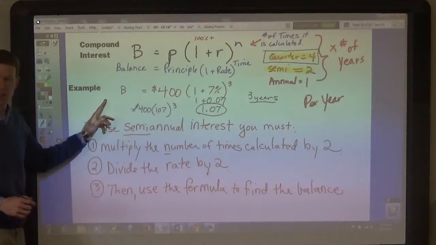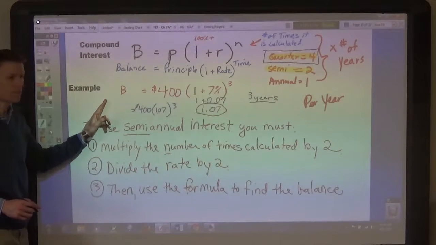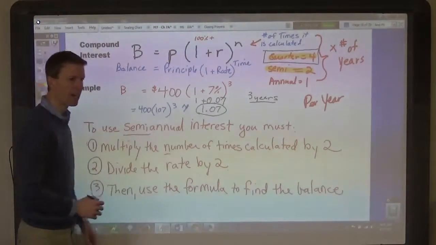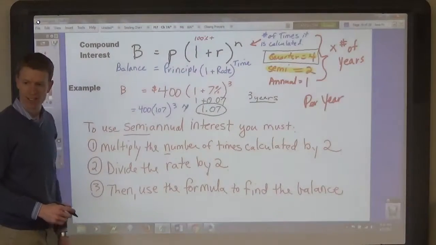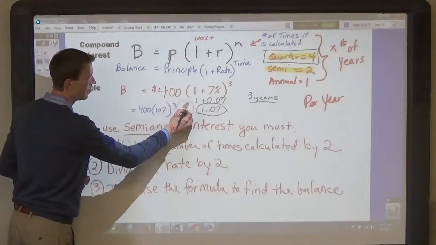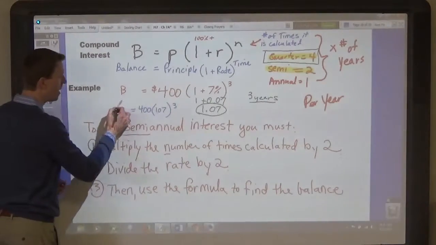Anyone else get 490? Okay. How do you do the to the third power on the calculator? You use this little symbol called the caret. It looks like an upside down V. So 490.